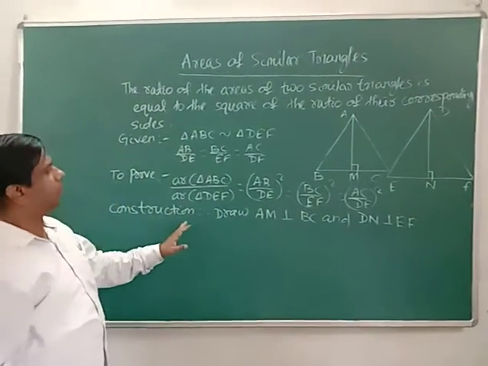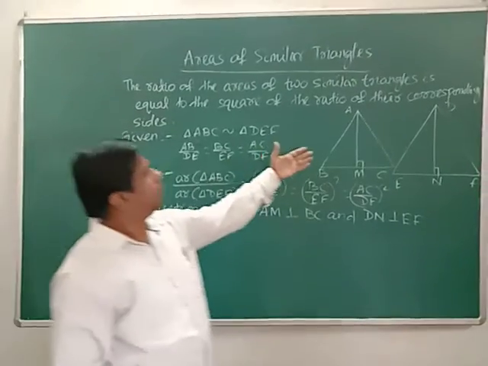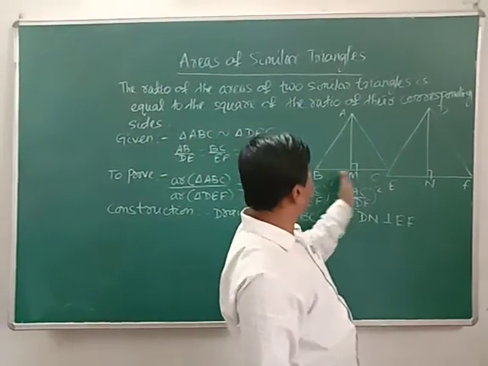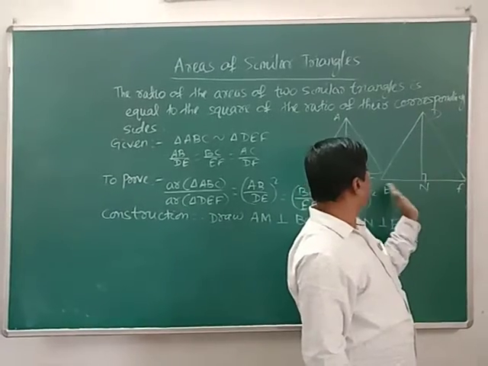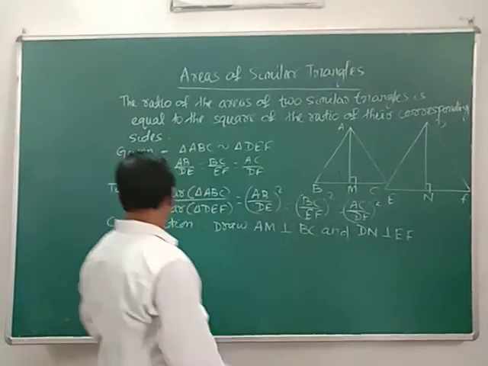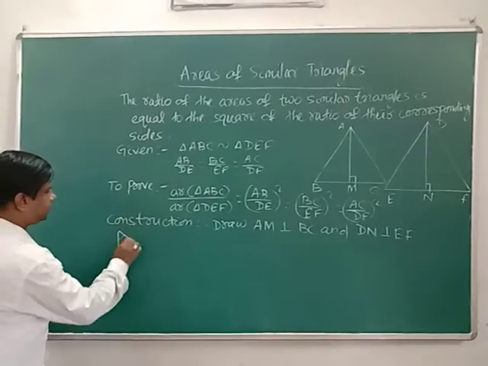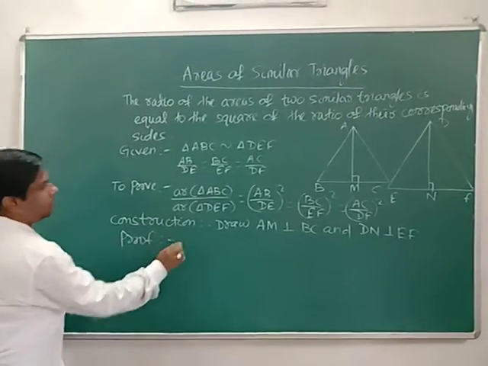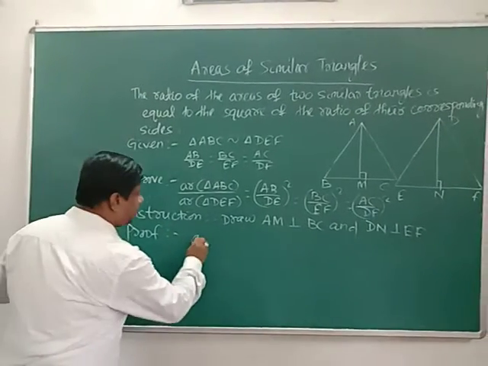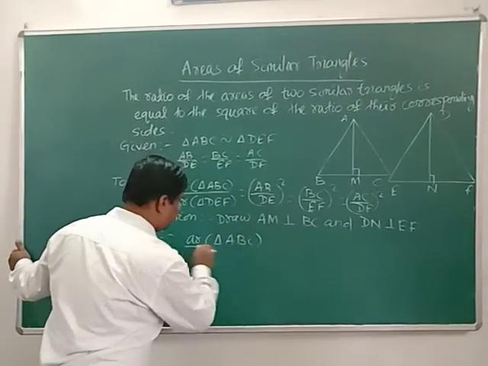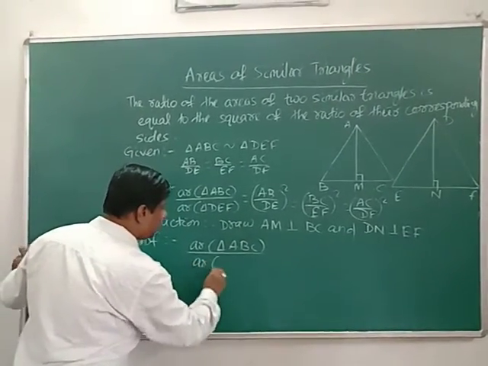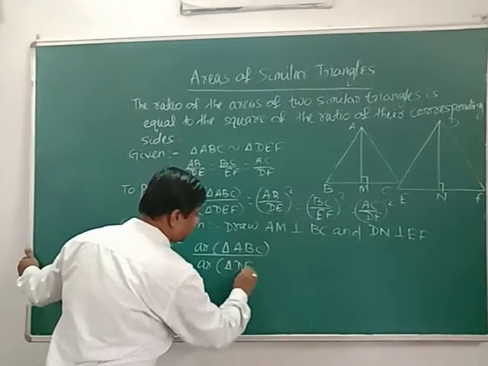Did you understand what I have constructed here? In one triangle, the height AM on BC, and in the other triangle, the height DN on EF. Now I am going for the proof. Area of triangle ABC upon area of triangle DEF.